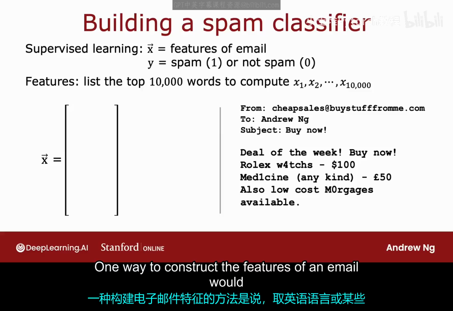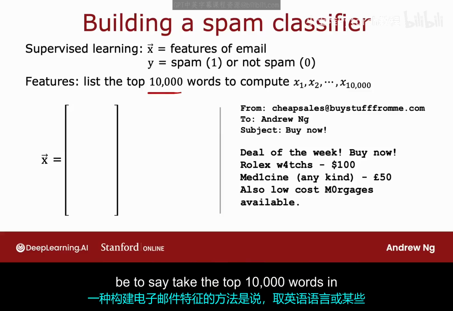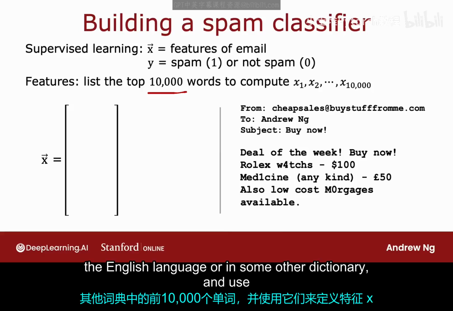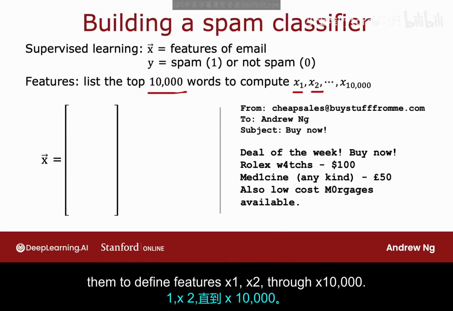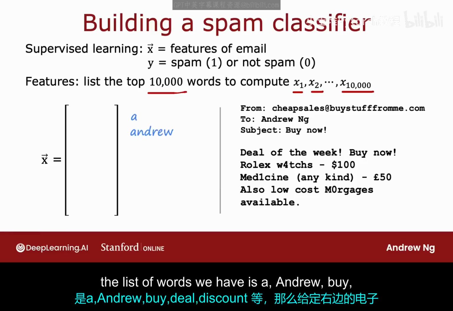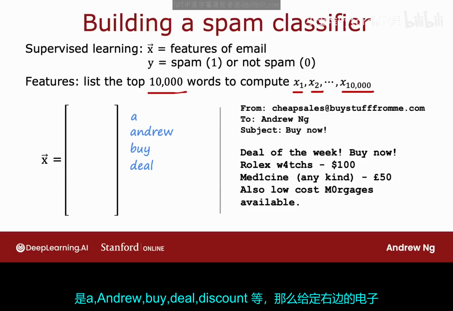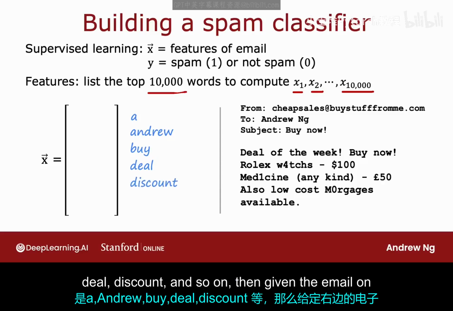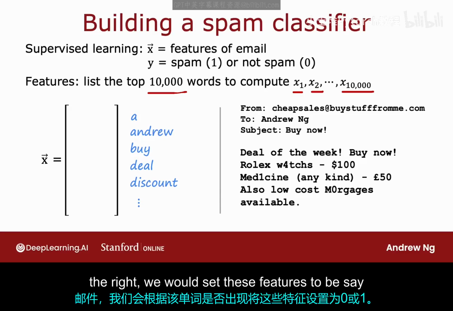One way to construct the features of an email would be to, say, take the top 10,000 words in the English language or in some other dictionary and use them to define features X1, X2 through X10,000. So, for example, given this email on the right, if the list of words we have is A, Andrew, buy, deal, discount, and so on, then we would set these features to be, say, 0 or 1, depending on whether or not that word appears.